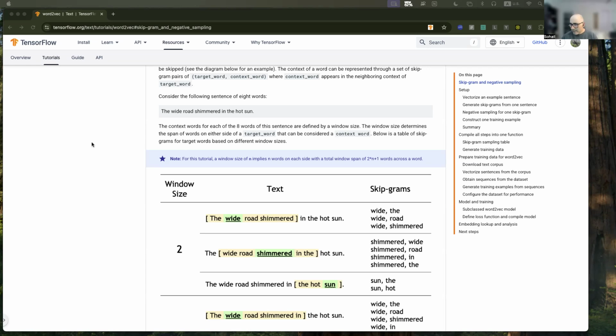So imagine we have this sentence: the white road shimmered in the hot sun. We have two concepts in here: one is the target word, and another one is the context word. You see that in here. The target word is any word in your text. So the white road shimmered in the hot sun, any of them is your target.